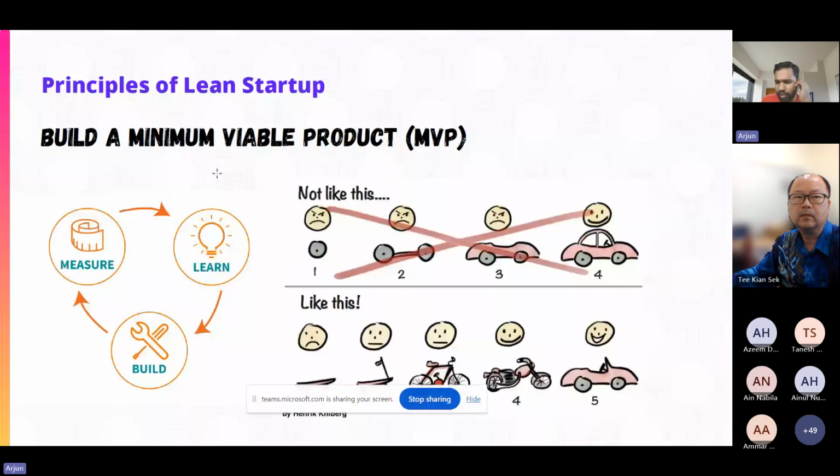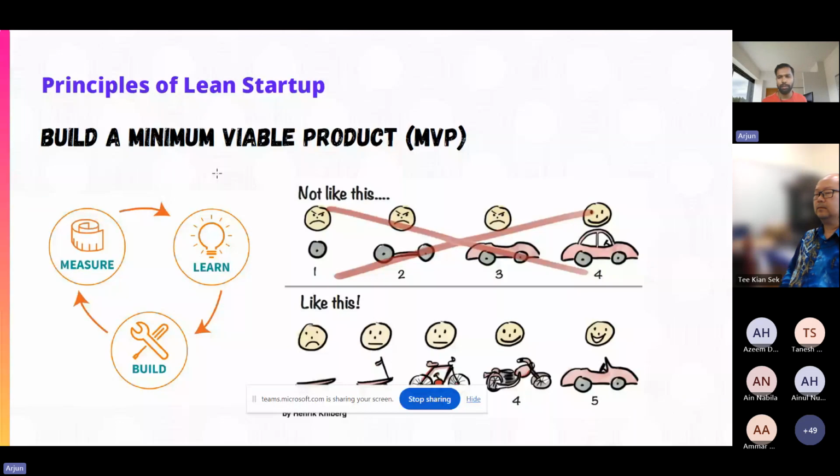Here is a small example of what a minimum viable product is. Imagine the problem you have found out after speaking with a customer is to make him travel from point A to point B. So you go to a rural area where there is no public transportation available.